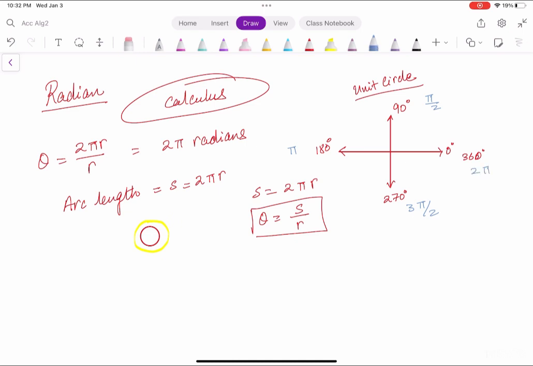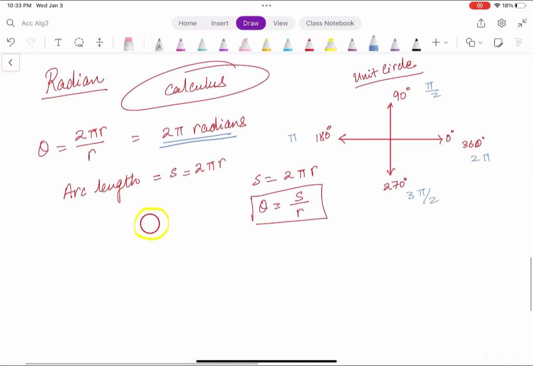When we are talking about radians, we are not substituting the value of pi. Do not substitute and say 3.14. We leave it as pi radians: 2 pi radians, pi over 2, 3 pi over 2, because we are talking about radians. We are not substituting the values in.